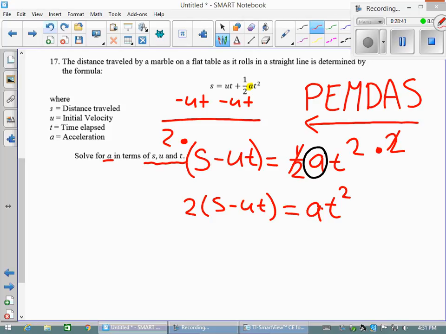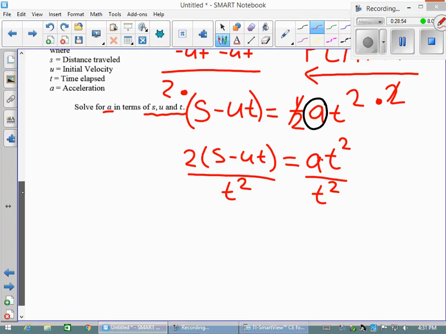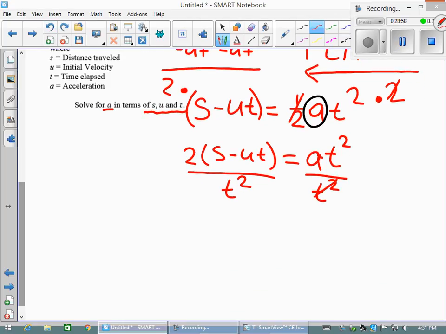And what I do on one side, I need to do on the other side. So I'm going to divide by a t squared. This t squared and this t squared are going to cancel out. And on top, I'm going to have 2s minus ut all over t squared, and that's going to equal a. So if we look again, they wanted us to solve for a in terms of s, u, and t.